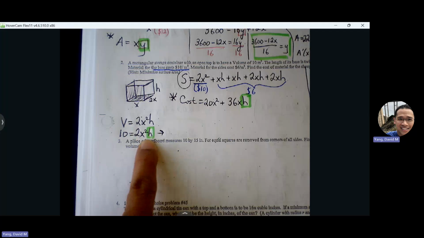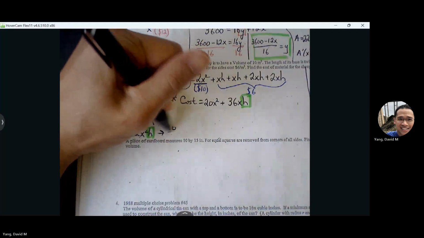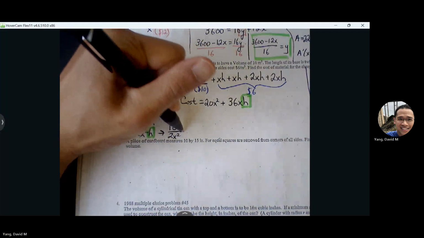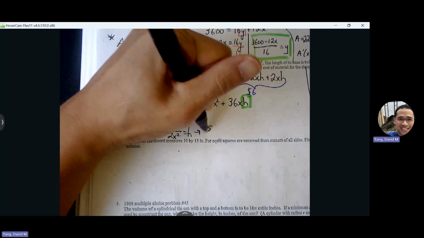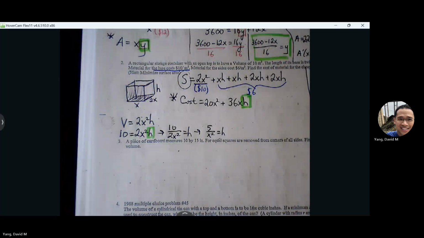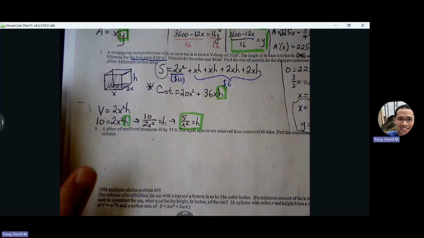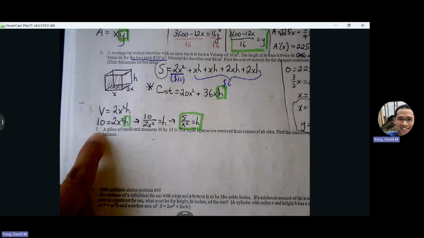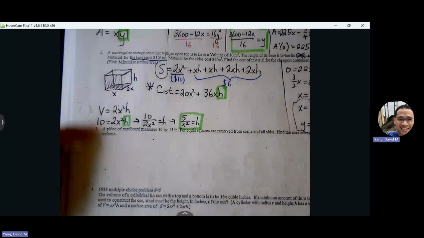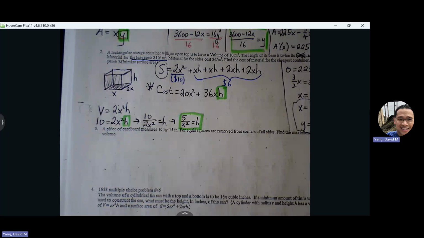So I'm going to solve for h. Reduce. If we bleed into this, if you have your packets, we're not going to do number 3, so if you need the space for 3, we're going to use it.